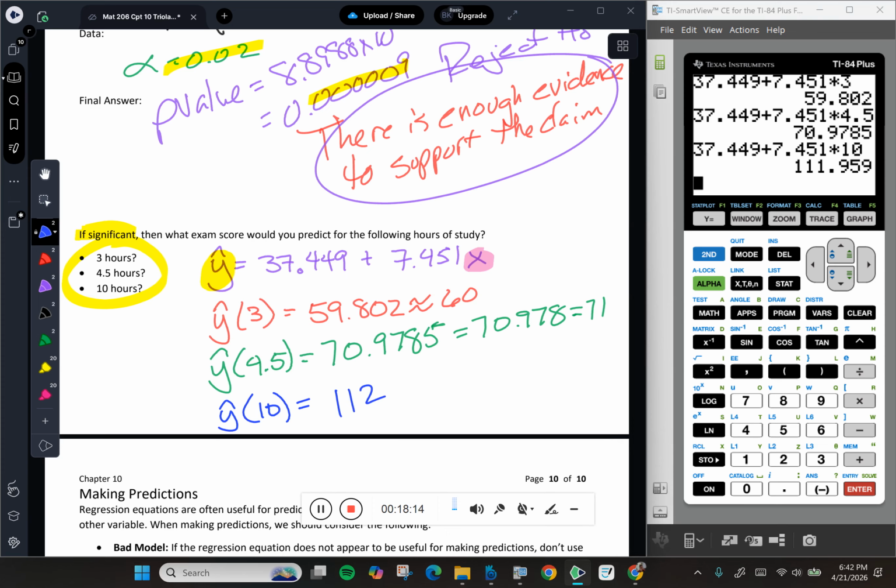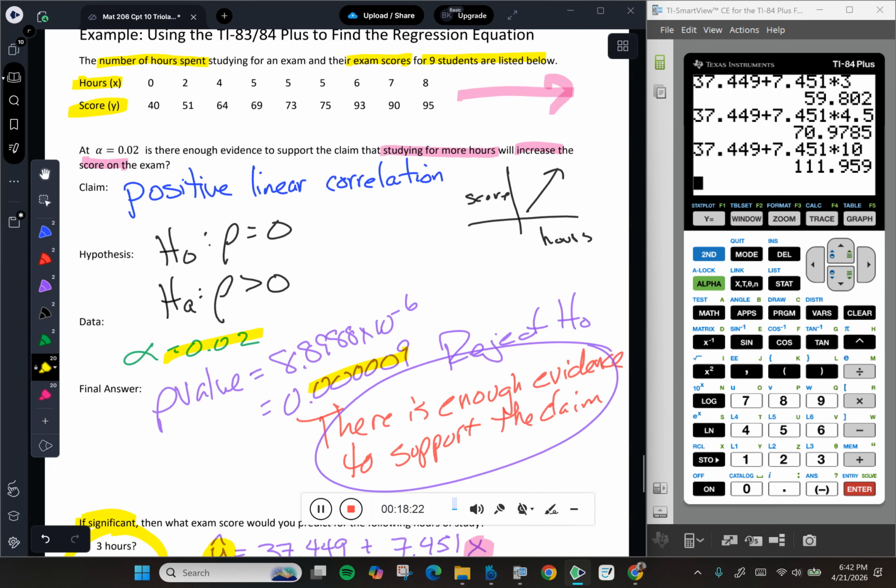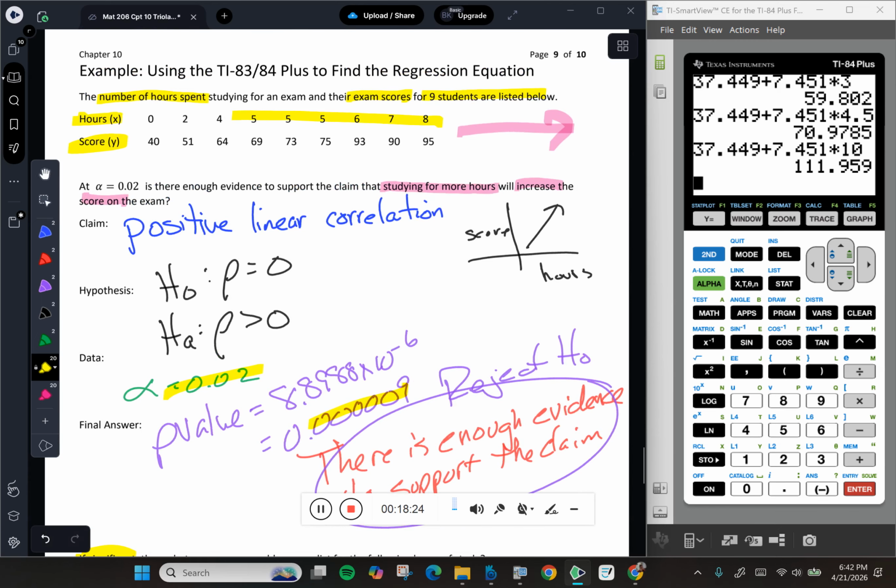I feel pretty comfortable with this statement, and I feel pretty comfortable with this statement, because those are values that are within my data set. I feel pretty good about 3 and 4.5 because I've got data below 3 and above 3. I've got data below 4.5. I've got data above 4.5.